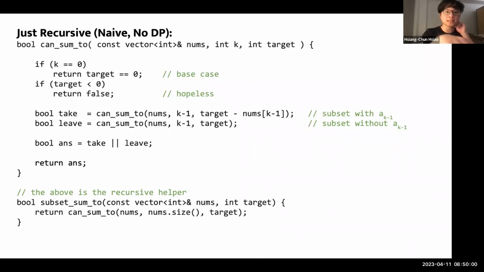And if target is less than 0, we return false. And also, we identify two cases for f of k and x: subset with ak minus 1 and subset without ak minus 1. And we OR these two cases, and return it as the answer.